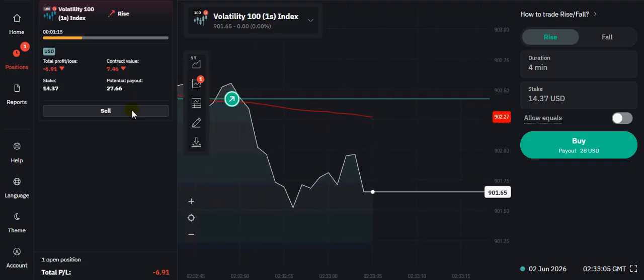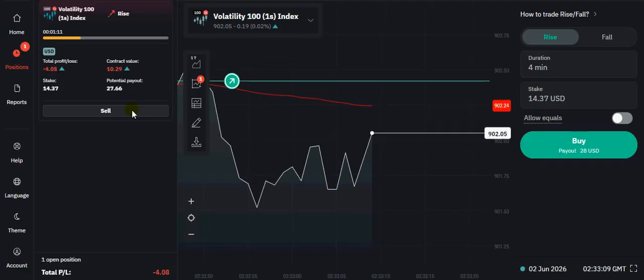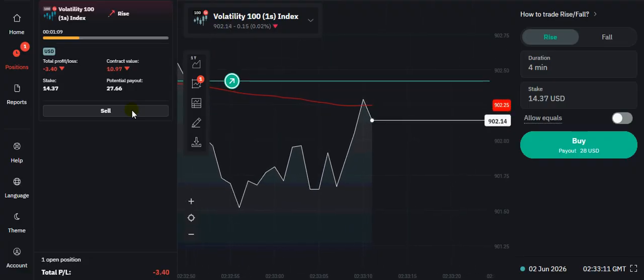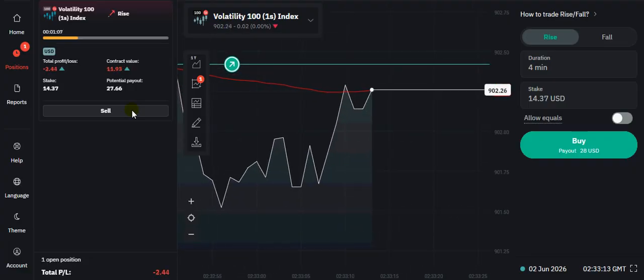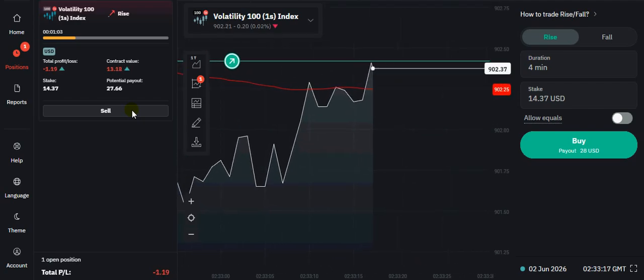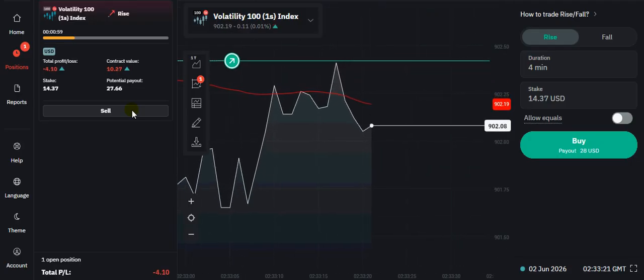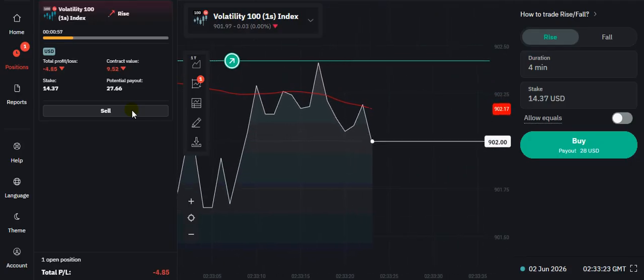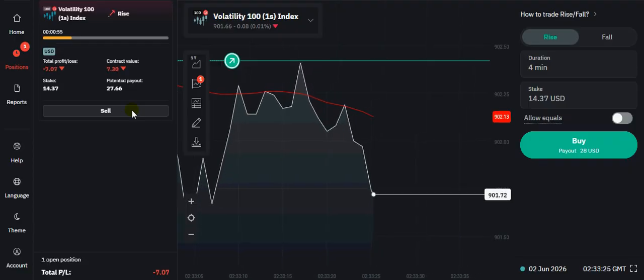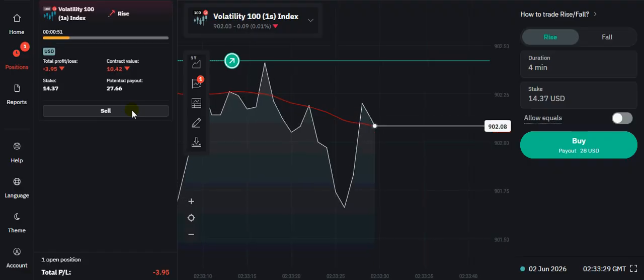So in this case, close when it's maybe $4. Depends on how much you're trading. If you're trading with $30, you can close when it's $5-6, and you trade again. But we're going to win the trade regardless. Even if our sell button becomes unavailable, we're still going to win our trade.